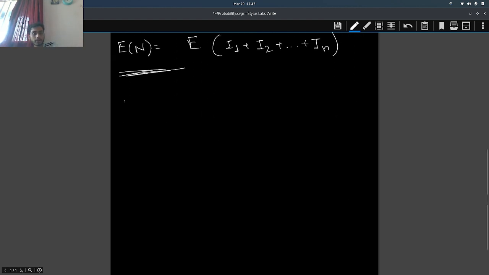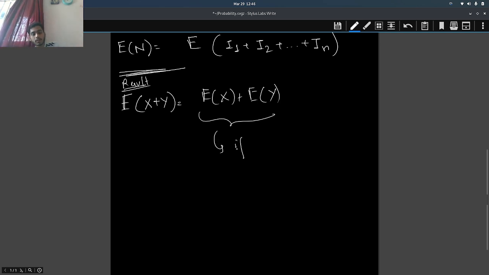Now there is this excellent result of expected values, which I am discussing here. The result says the expected value of X plus Y is equal to the expected value of X plus the expected value of Y. This is pretty normal if X and Y are independent; you can understand that it is obvious.